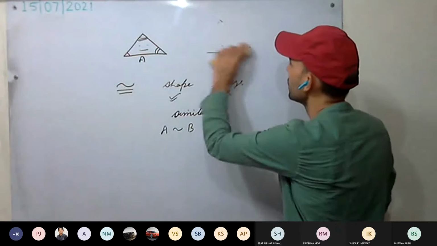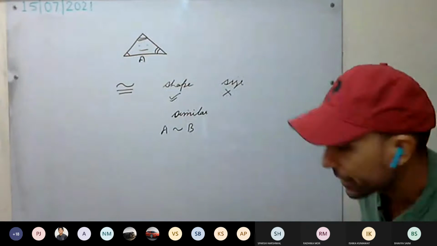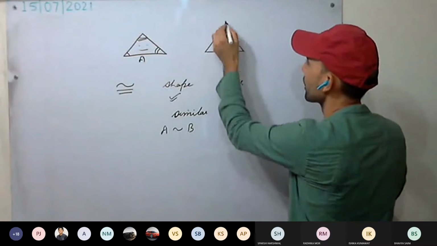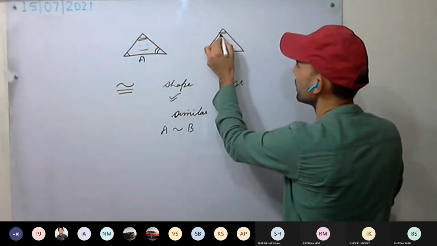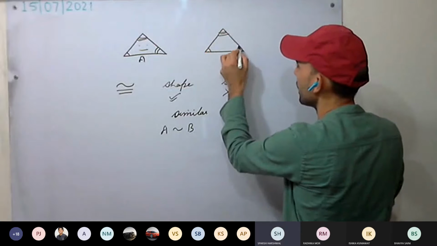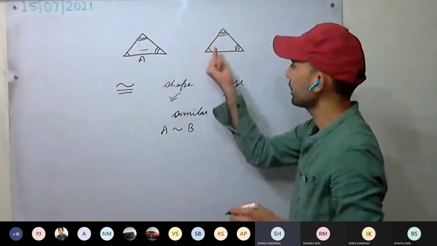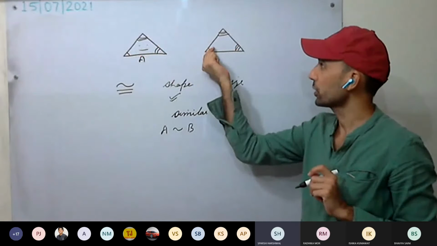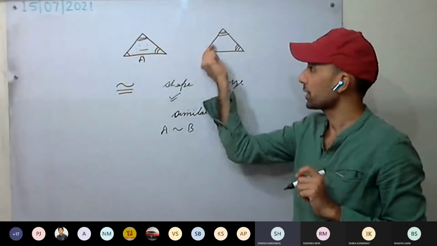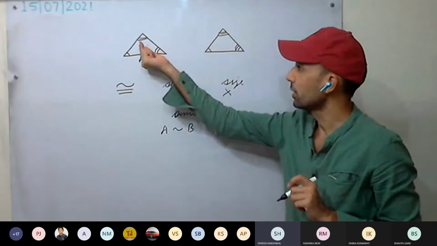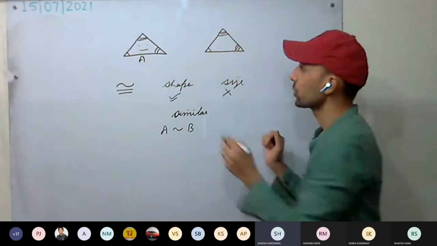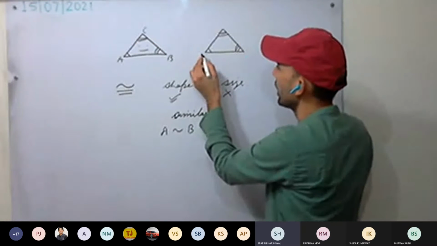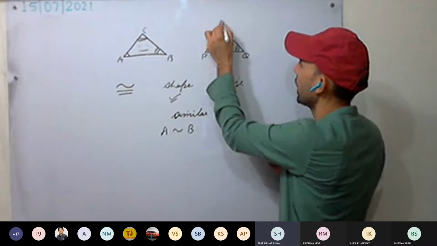Now, if the other person is like this, angles are the same, corresponding angles are the same. Corresponding means this angle corresponds to this angle, and so on for each pair. So if I mark this one A, B, C, and P, Q, R.